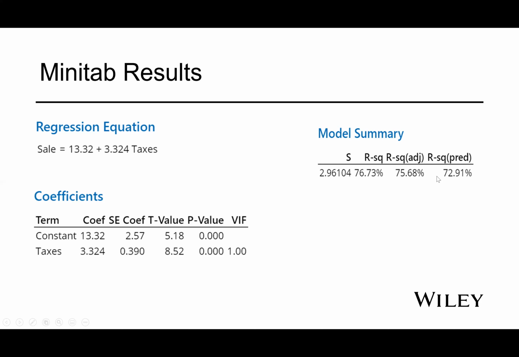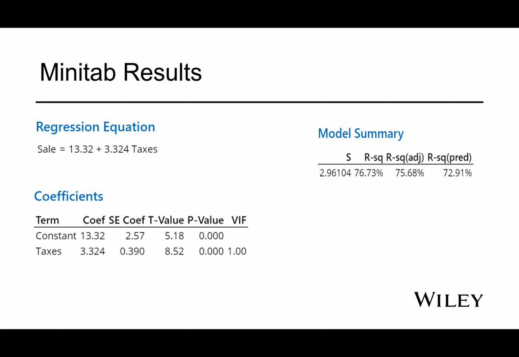So if I were going to use this to extrapolate new sales values based on tax information, how robust would that be? What we're looking here for an r-squared value, you definitely want it above 50%. I'd say really above 70% you're looking for. If you've got an r-squared in the 80 or 90%, you can feel really, really confident about that model.